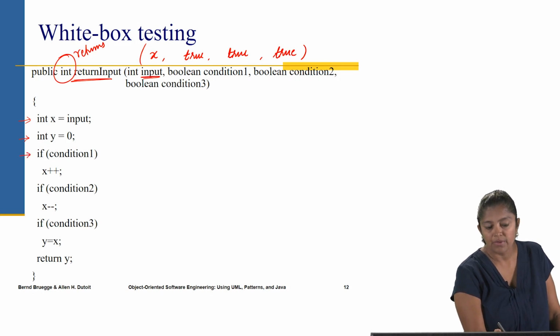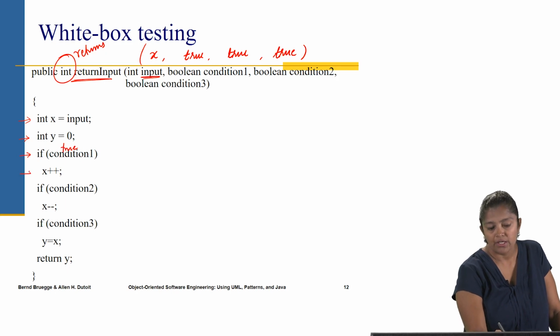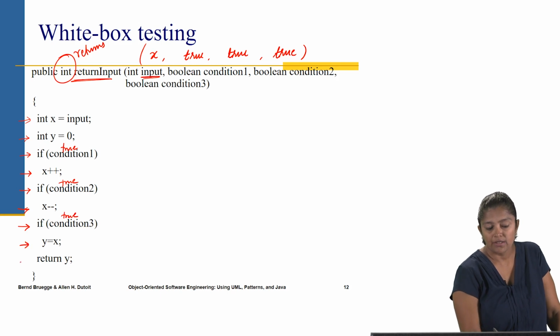Then we get to this statement. It says if condition1; our condition1 is true, so the condition holds, so it's going to enter the if block and increment x. Then it goes to the next if condition. This is also true, so it's going to enter the condition and decrement x. Then the third if statement is executed. Our condition here is also true, so whatever is in x gets assigned to y, and then the return statement executes, so y gets returned.